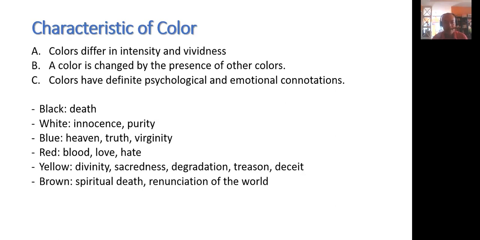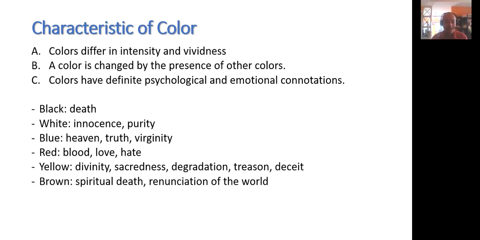Okay, so we have examples here of representations of color. Black could represent death, white could represent innocence or purity. That's the way we behave in terms of giving flowers to somebody. When you give a white flower, not the liniment, of course, the actual white flower, to somebody, it represents the purity of your intentions.